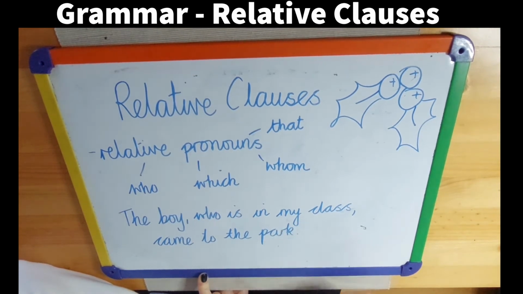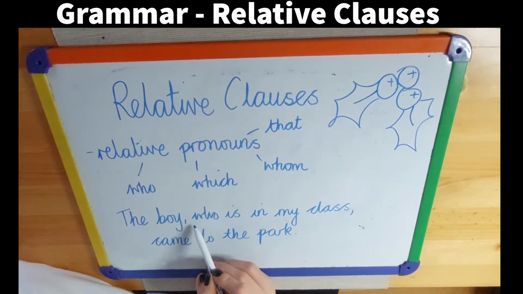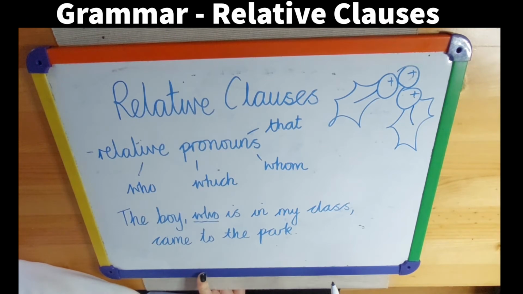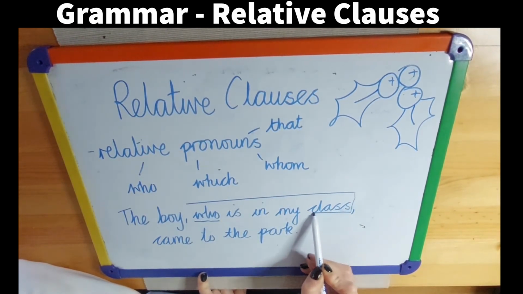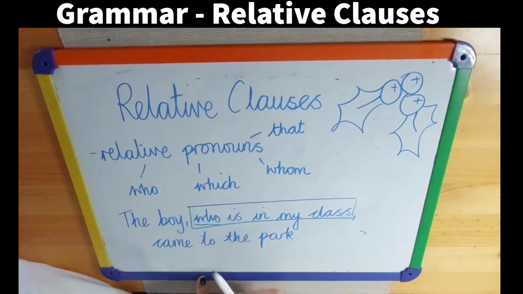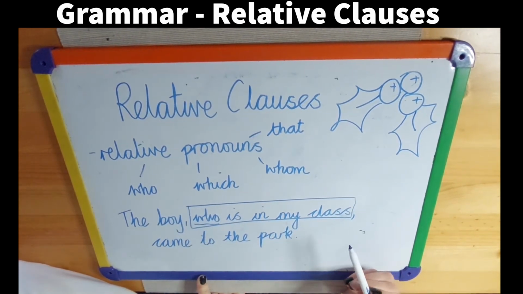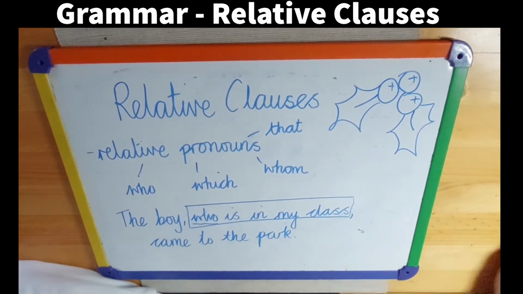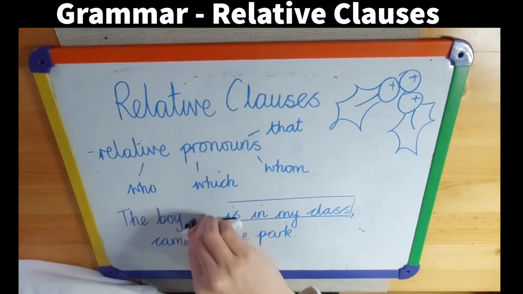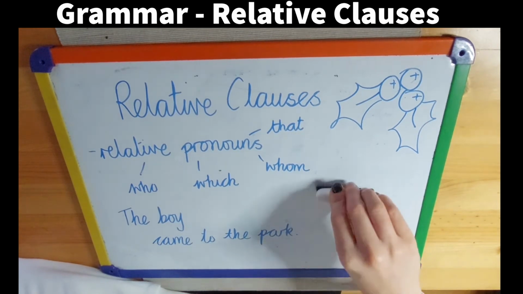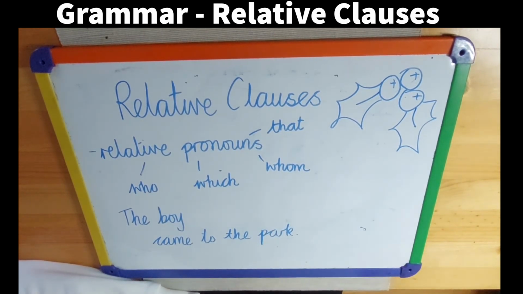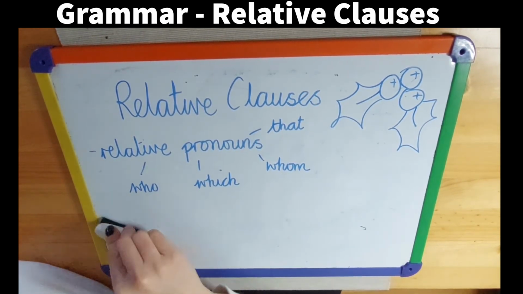Now in this sentence, my relative pronoun would be who, and my relative clause is what's been added to the sentence. So my relative clause is who is in my class. Now with a relative clause, if I take it away from my sentence it should still make sense. So without that relative clause, the boy came to the park, that still makes sense.